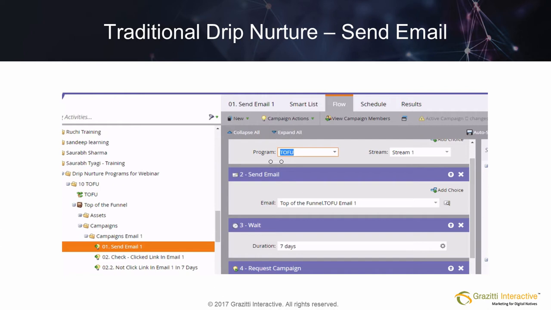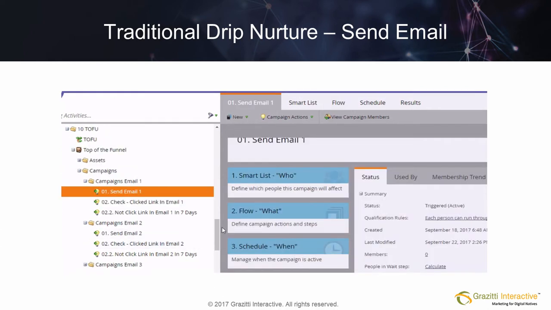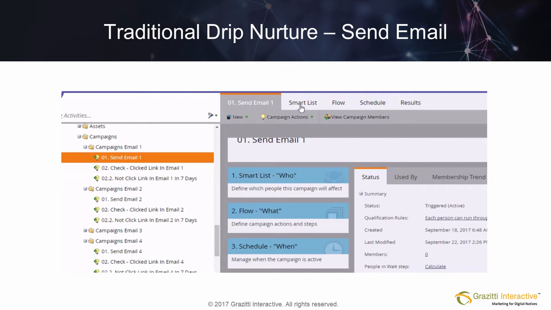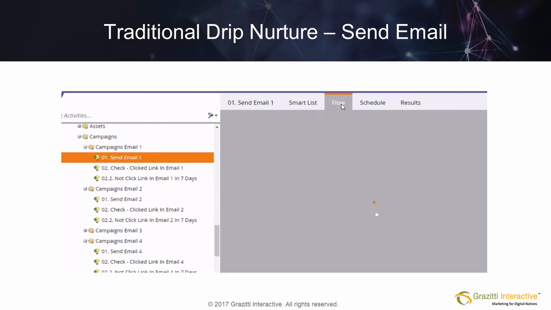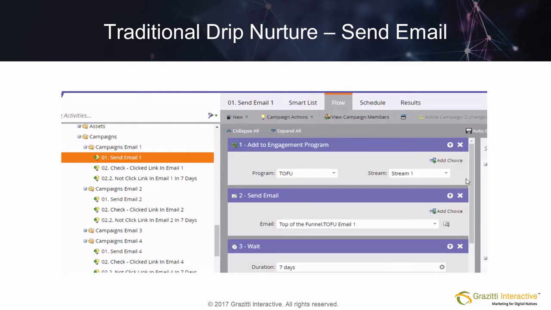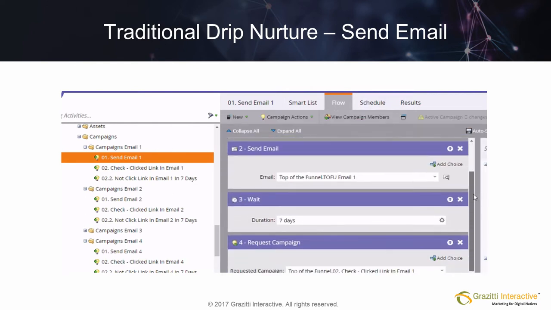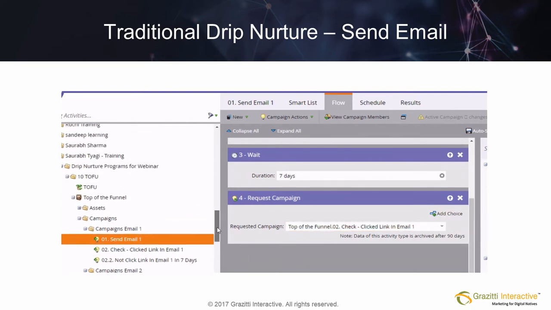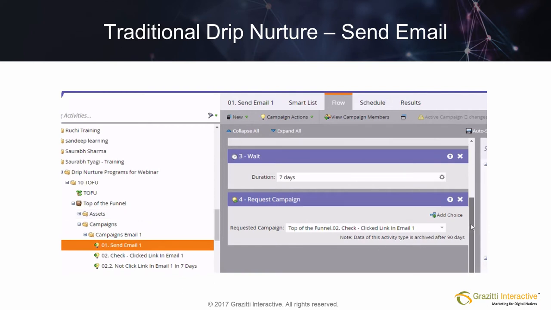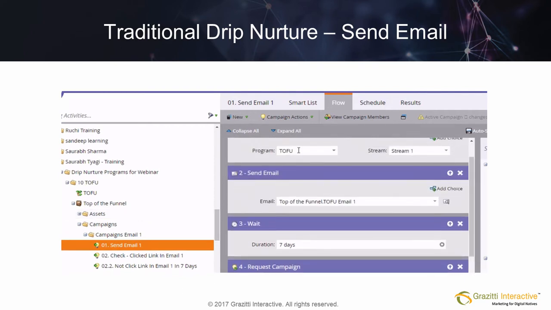So just to play this video once again, to get into the flow. This is the campaign where I have the smart list, where the campaign is requested. This is where I push the lead when I have to add that lead to this custom logic. Then I add to a dummy engagement program, then I send them the email, then I wait 7 days, and then I check whether the lead has clicked on that particular email in the last 7 days or not.